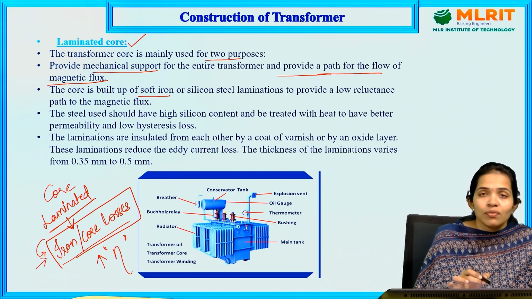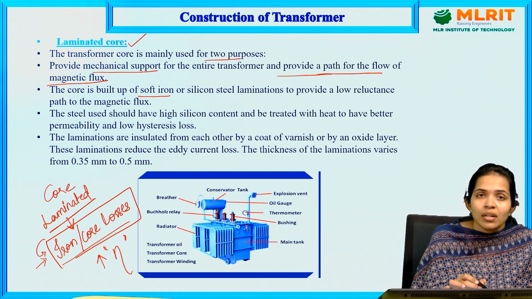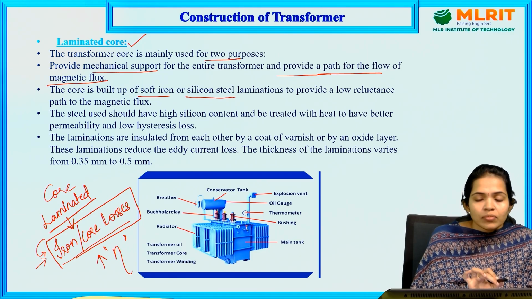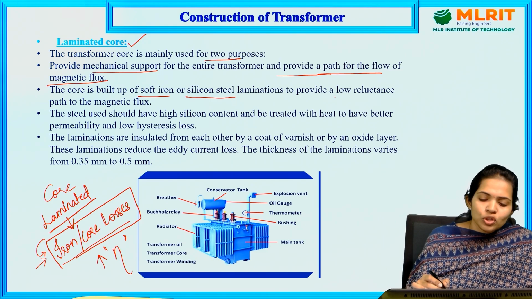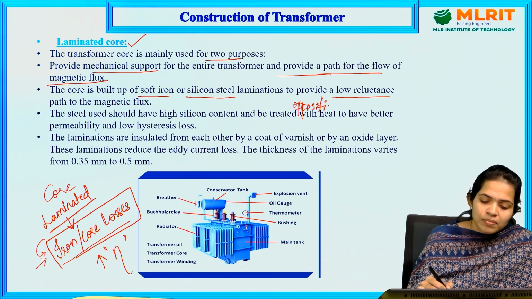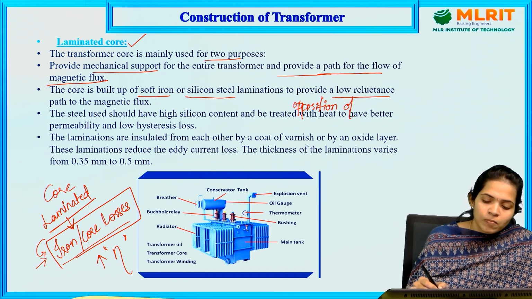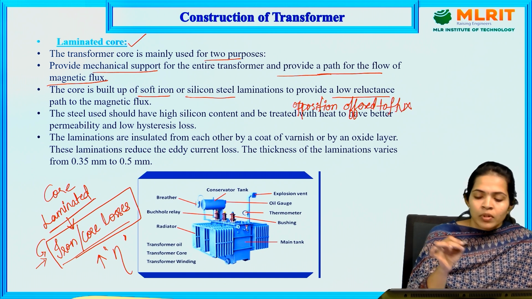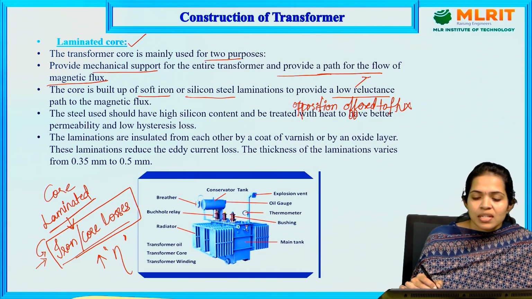Coming to the material of the core, we basically use soft iron or silicon steel for the laminations in order to provide low reluctance. Reluctance is the opposition offered to the flow of flux, a term similar to resistance in electrical terms.